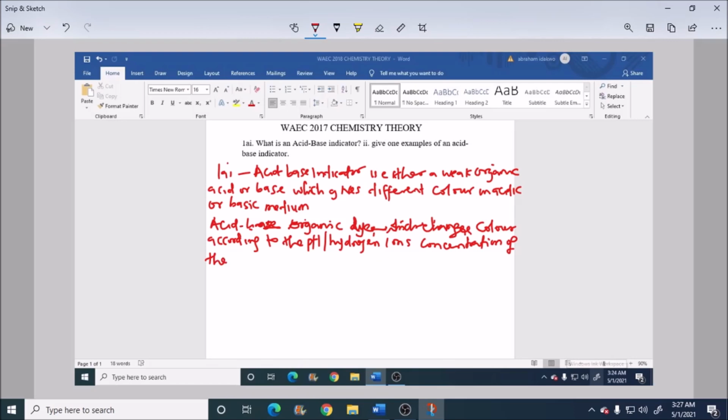So it is referred to as an organic dye which changes color according to the pH or hydrogen ion concentration of the solution.